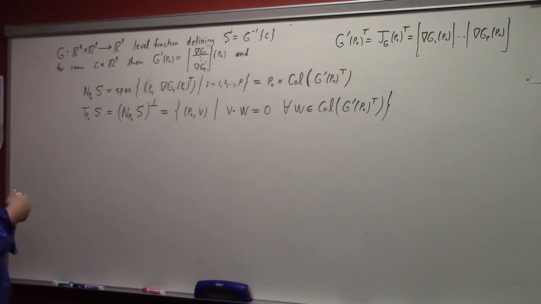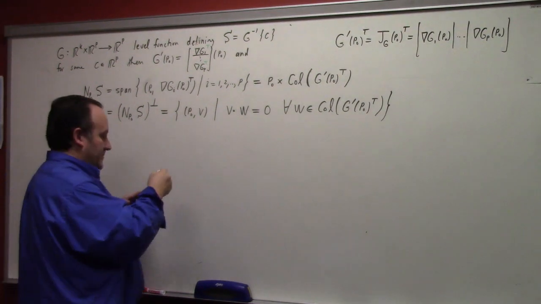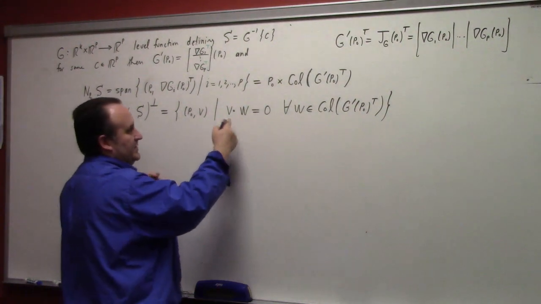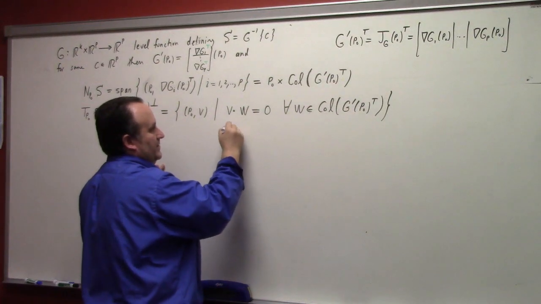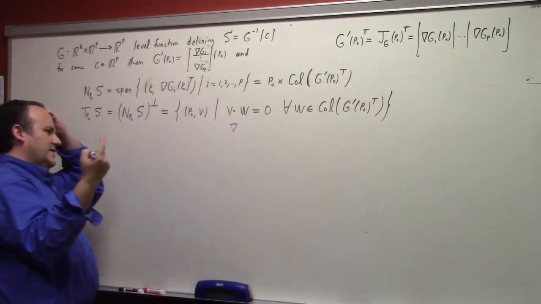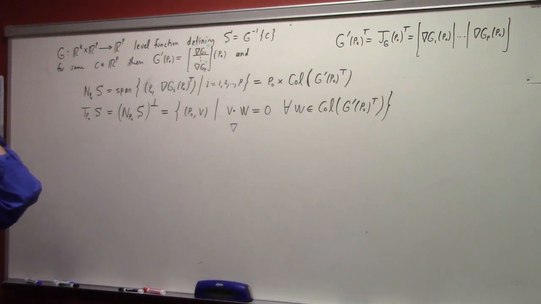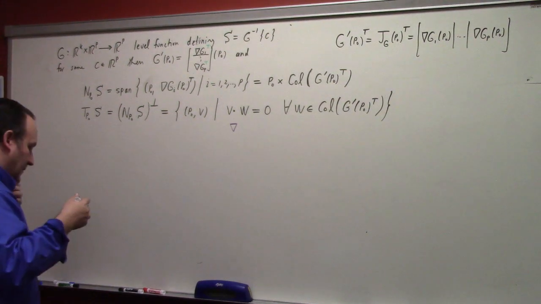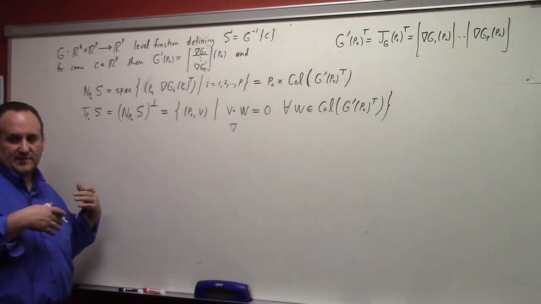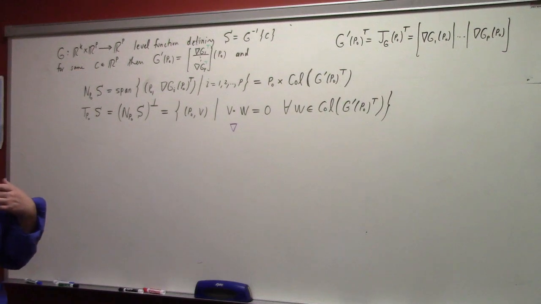But if you look at that, let me just unravel that. Remember, if you can define the orthogonal complement on the basis, theorem from linear algebra, the orthogonal complement of a basis is the orthogonal complement of the span of the basis. So a basis for the column space here is taken to be the gradient vectors.